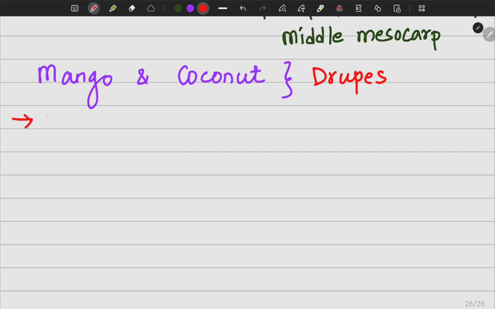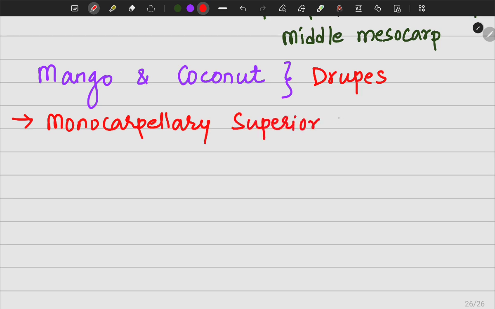They have some special characteristics: they develop from a monocarpellary superior ovary, and they are usually one-seeded.